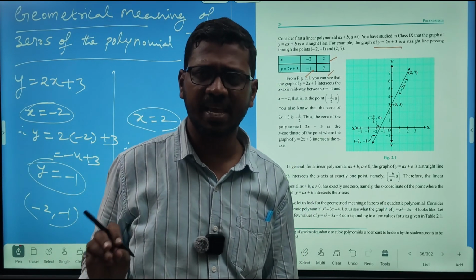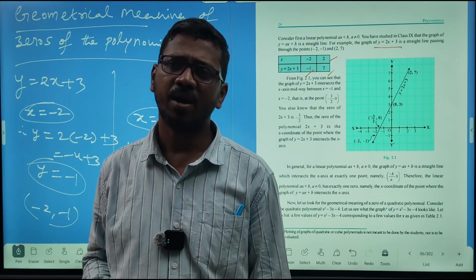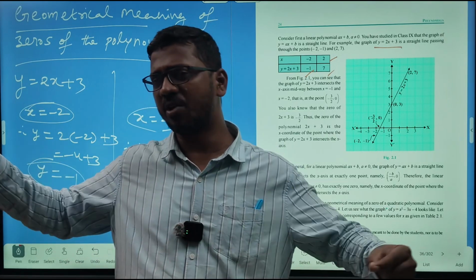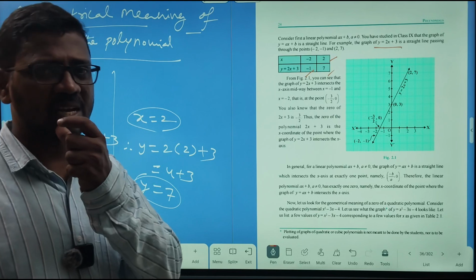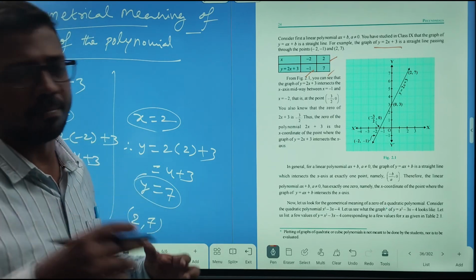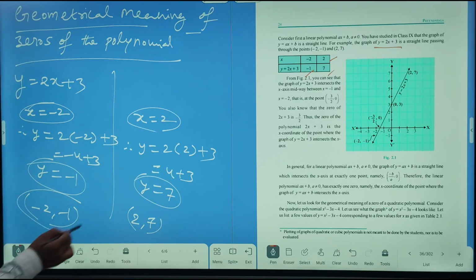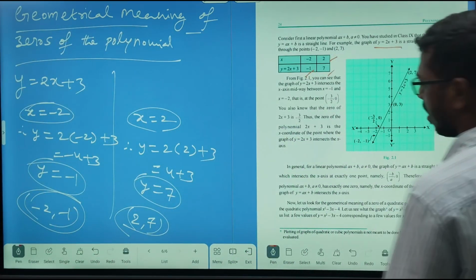So, moreover, what I am saying is, for a linear polynomial, if you take y is equal to ax plus b form, minimum 2 points you have to take, and then if you extend, you will get a straight line. And the geometrical properties you can analyze if you extend them. Suppose here you are having the points minus 2, minus 1 is 1 point, 2 comma 7. If you represent them graphically, you know well.